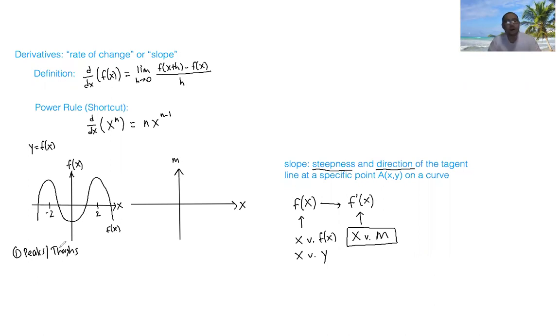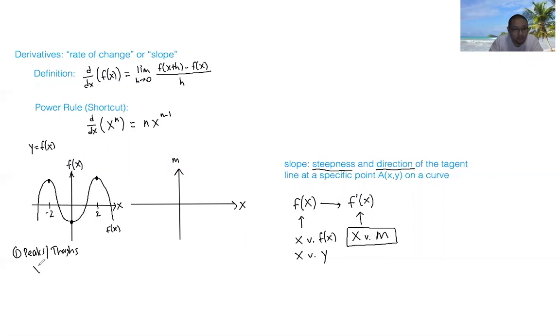In this case, it would be this peak at x equal to -2, this peak at x equal to +2, and this trough, or this pit, at x equal to 0.